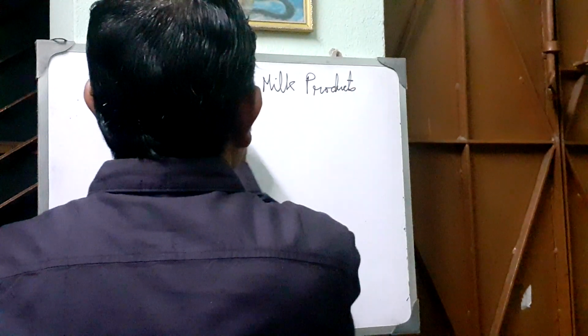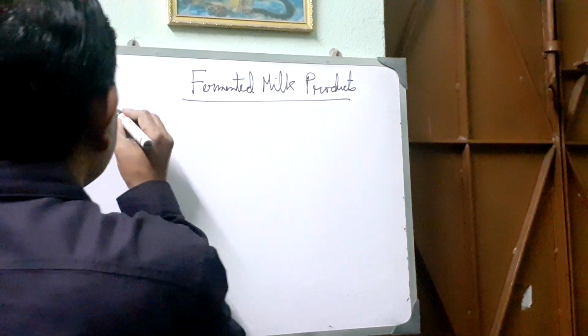In the category of fermented milk products, the most popular milk product is dahi. We know that. Then yogurt will come. Then yakult. Then acidophilus milk.